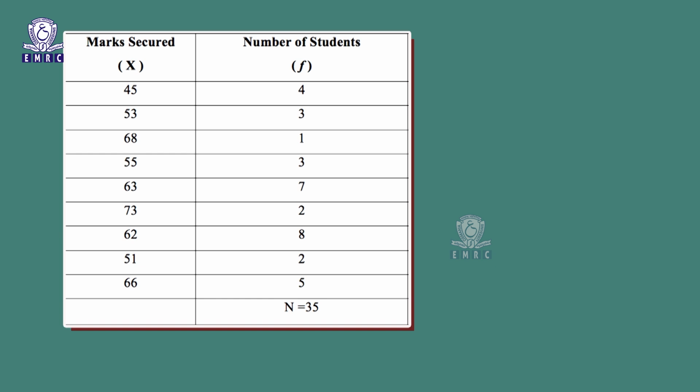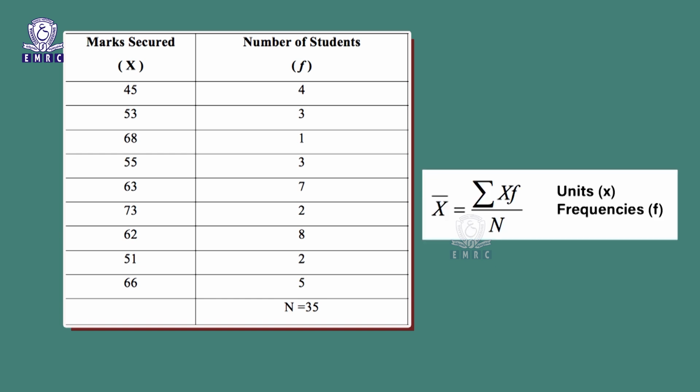So here the marks secured by the students are represented by x and the number of students is represented by small f, that is nothing but the frequency. Now the formula to calculate the mean of the discrete series is x bar is equal to sigma of xf by n, where sigma represents the total, xf is the product, and n is the number of items.